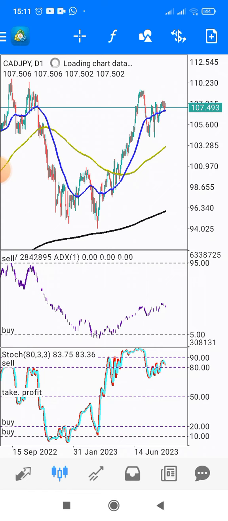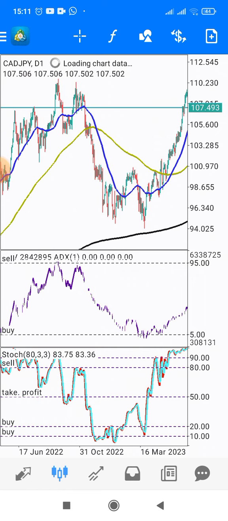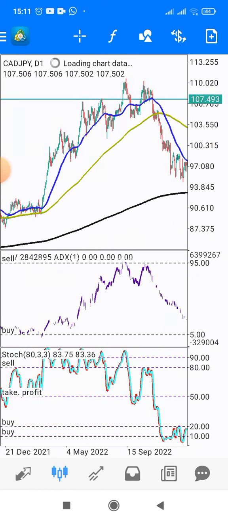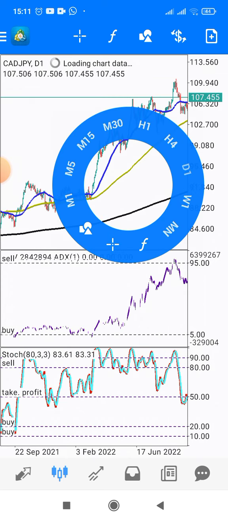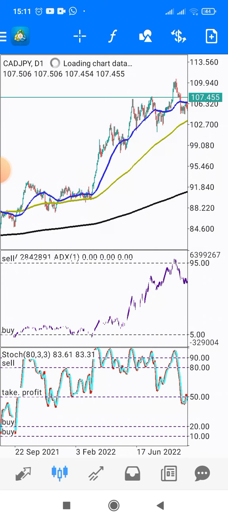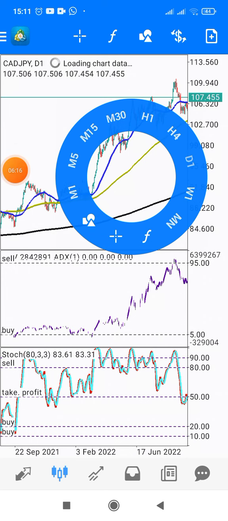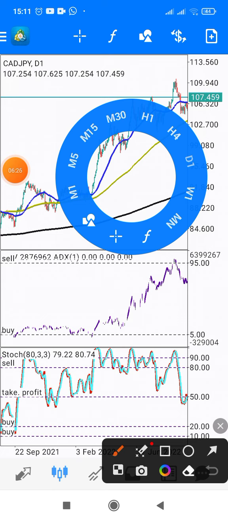So let us go through the main chart. For you to have these three EMAs, if you want to insert them, you go to the F button, which is this one or this one.